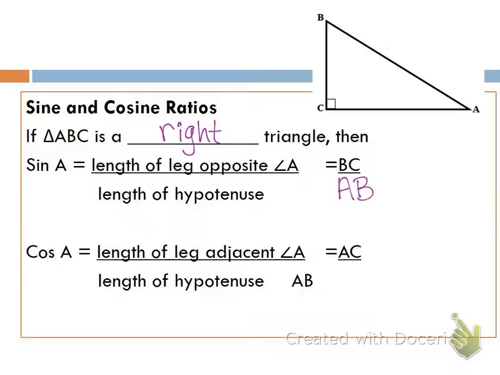For cosine, we have the length of the leg adjacent to angle A, which in this case they're already telling us is AC. So adjacent means it's right next to the angle, but it's not the hypotenuse. Over the length of the hypotenuse, which is, again, side AB.